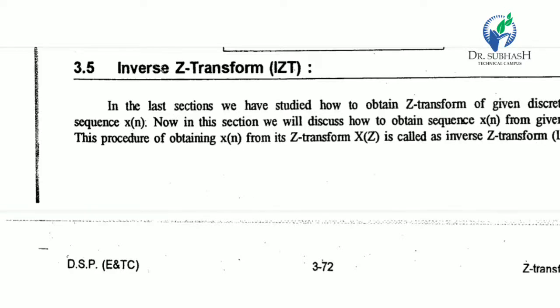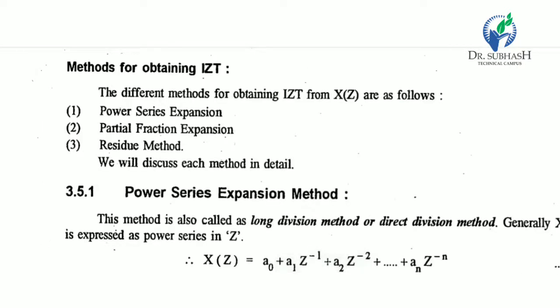This process of obtaining x of n from its Z transform x of z is called the inverse Z transform, IZT.